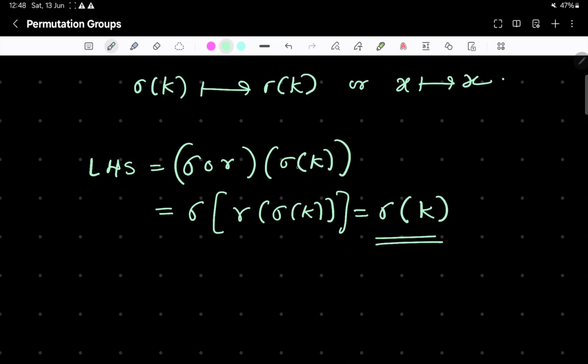So we started from sigma(k), and sigma(k) maps to sigma(k), or x maps to x.